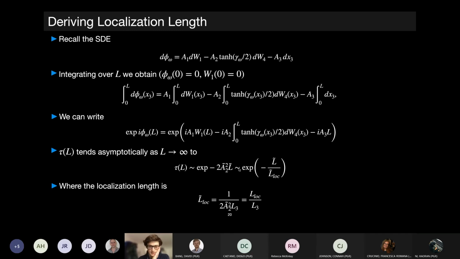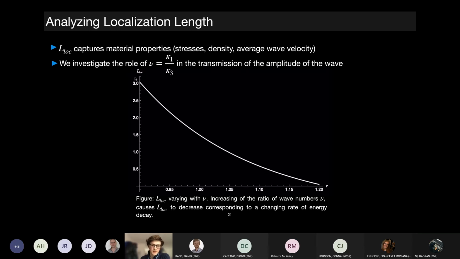It is dominated by this exponent term here. Everything's been non-dimensionalized, and this L log is a kind of decay coefficient of the power transmission coefficient. So this term encapsulates all the information about the material, and how that affects how the energy decays as you send in the pulse.